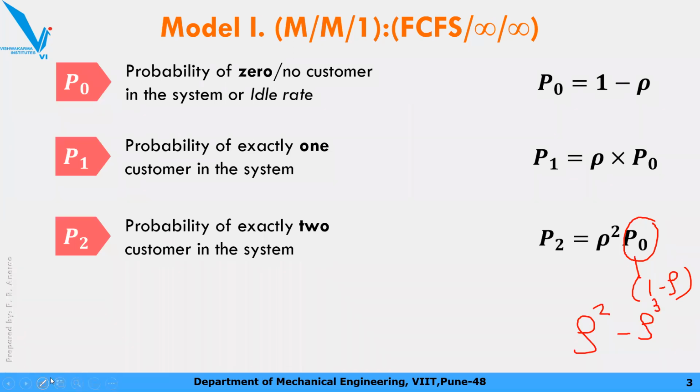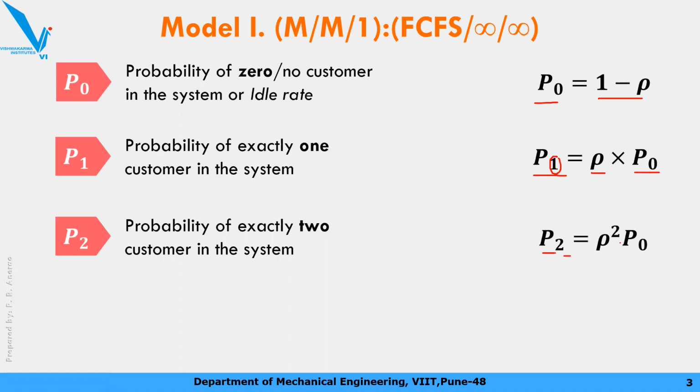But I keep it this way, easy to understand. See, P0 is 1 minus rho, P1 is rho into P0, and P2 should be rho square into P0.